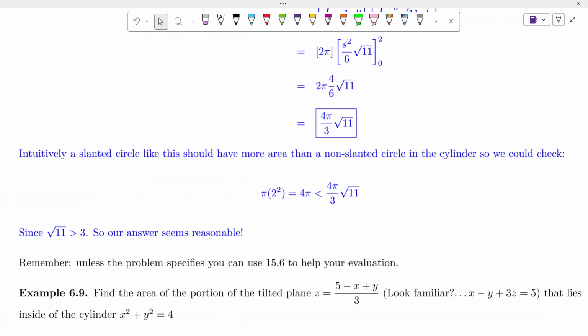This thing has been stretched, so I expect its area to be a little bit bigger. And that's what we ended up finding in the typed up version of that problem. 4 pi, well, if we rewrite that to look a little friendlier, this is 4 pi times the square root of 11 over 3.